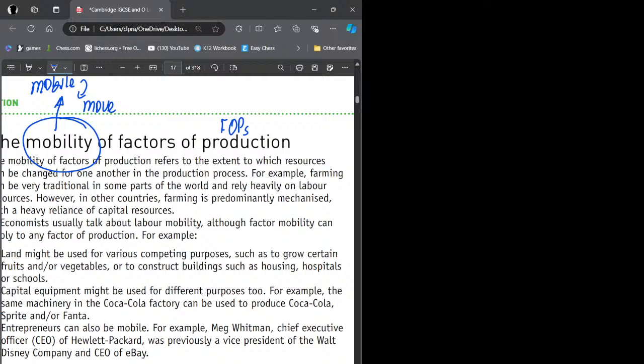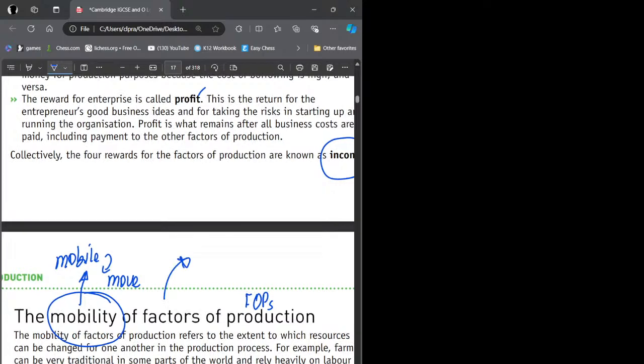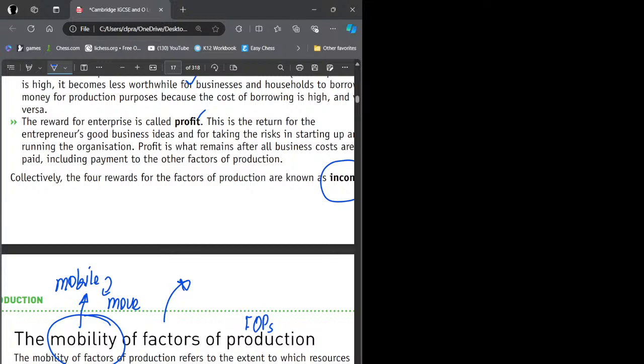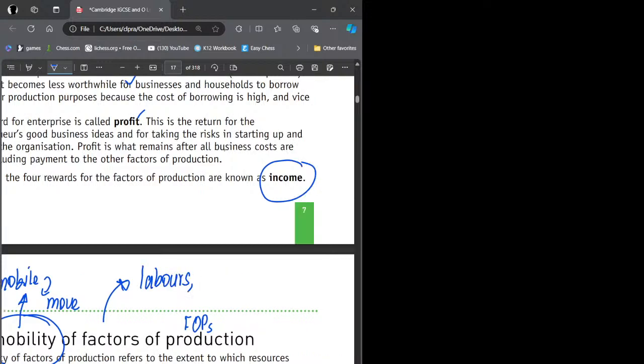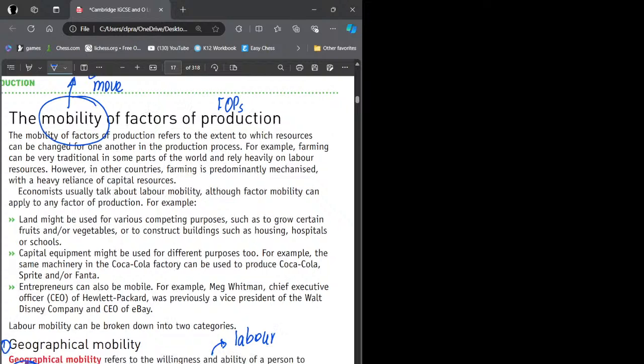Over here, we are looking at the mobility of labor, because when we talk about mobility, we are not just limiting ourselves to laborers. We are taking into account labor, land, capital, enterprise, and all that. So over here, it specifically said labor, but you can also have it for other factors of production.